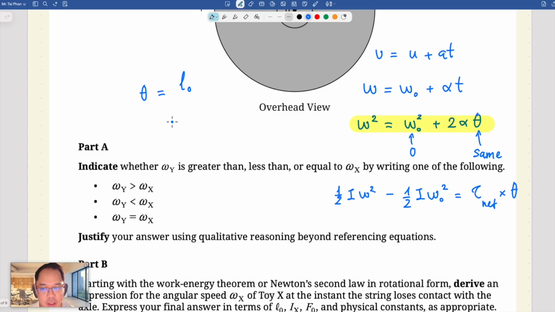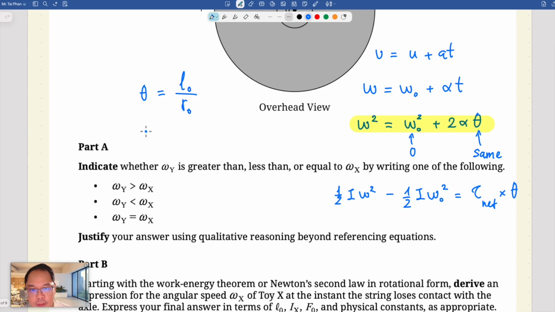When the string is totally unwound, this is L0, okay? And we divide by the radius R0, which is the distance from the point of contact between the string and the upper portion. This ratio L0 over R0 is the angle, which is the same for both toys, okay?